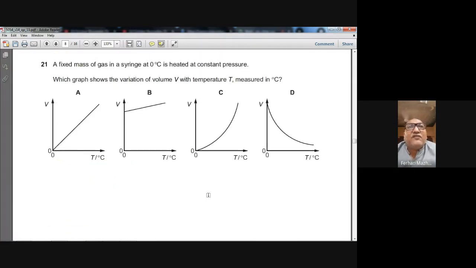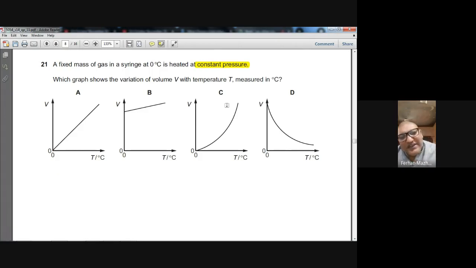A fixed mass of gas in a syringe at 0 degrees centigrade is heated at constant pressure. Which graph shows the variation of the volume V with the temperature T measured in degrees centigrade? You know, if the pressure is constant, the volume and the temperature are directly proportional to each other.